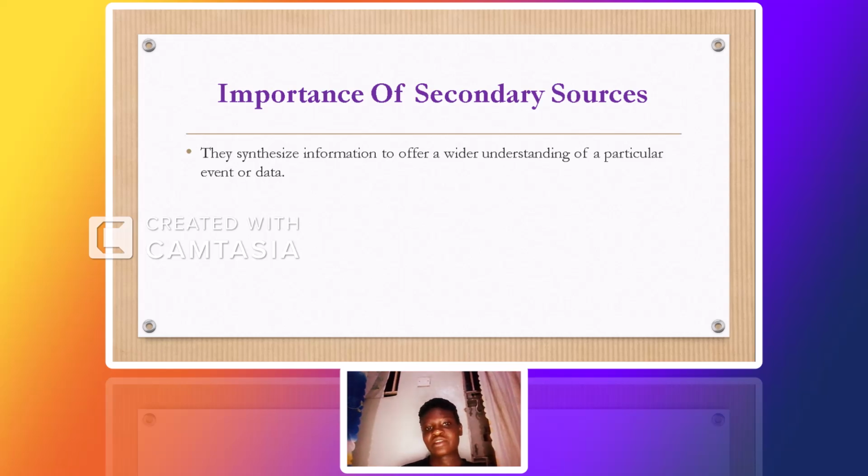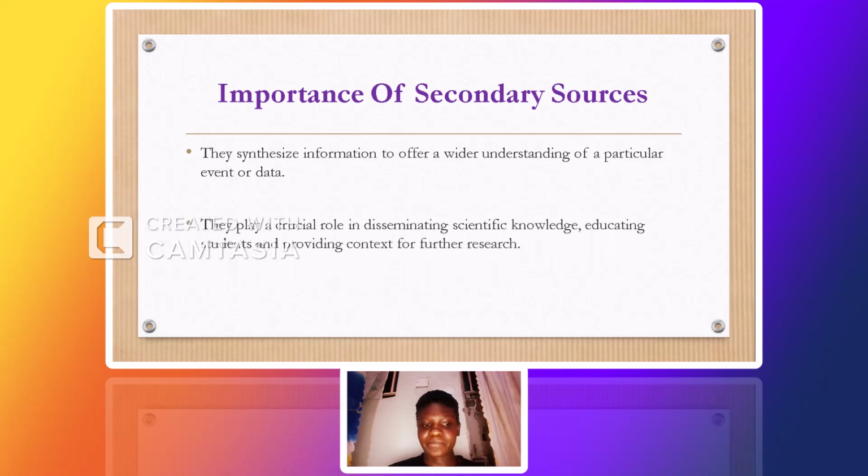Then this next importance of a secondary source is that they synthesize information to offer a wider understanding of a particular event or data. They also play a crucial role in disseminating scientific knowledge, educating students, and providing context for further research.